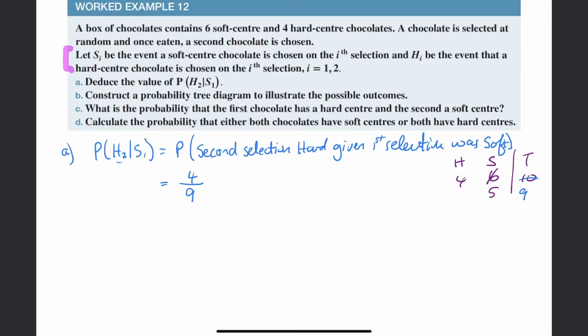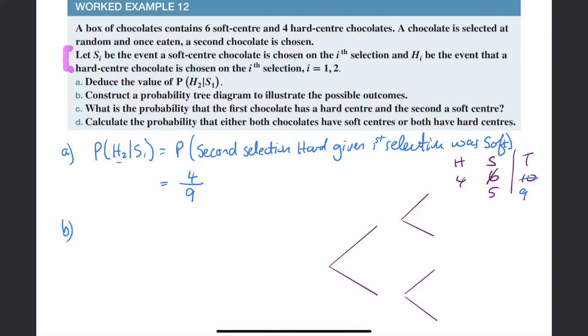In the second question, they ask the following: construct a probability tree diagram to illustrate the possible outcomes. Let's quickly do that. I've got 2 selections. My first selection, and then from there a second selection with 2 different outcomes.